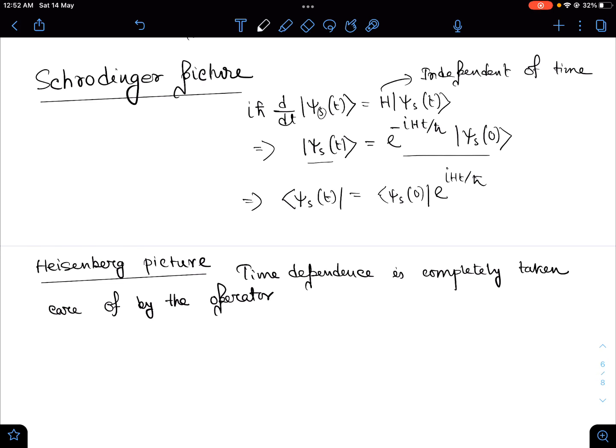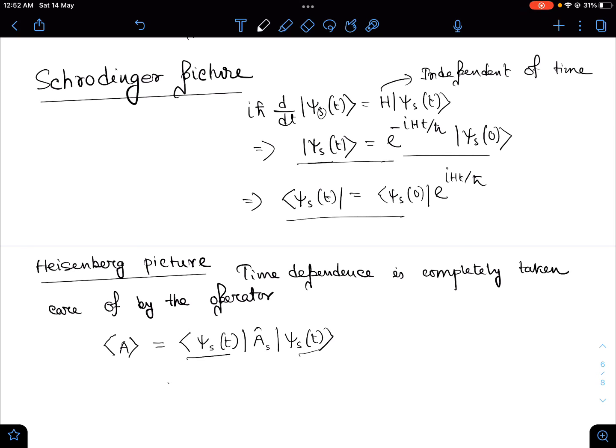Suppose we want to find the expectation value of an operator. Generally in the Schrödinger picture we have this, because first we consider that this operator is independent of time. Now we can substitute psi S of t by this.